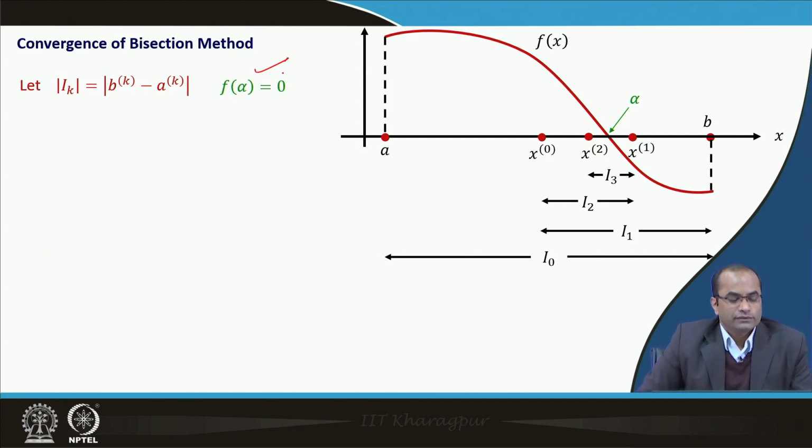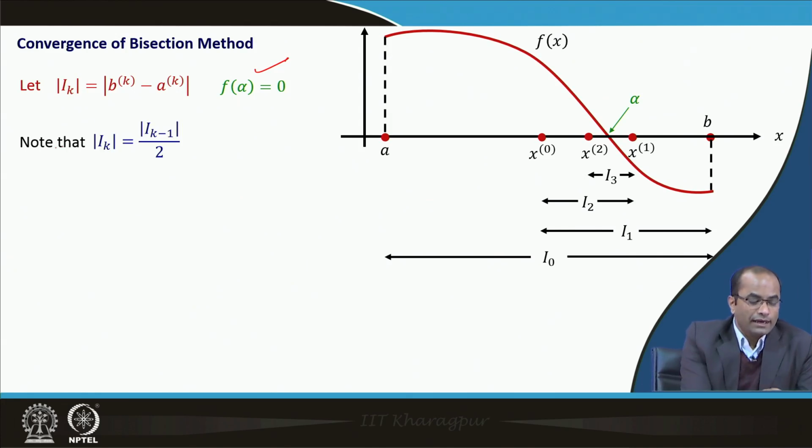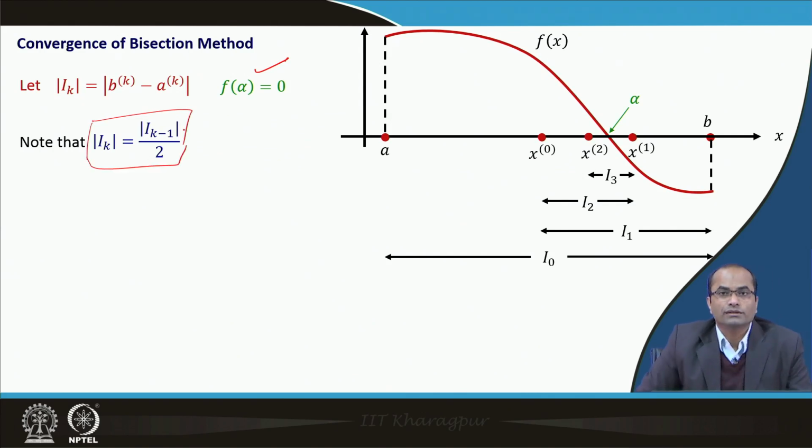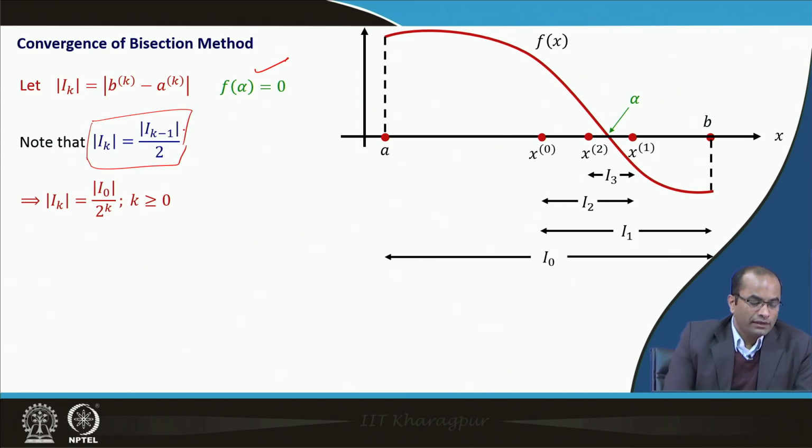So, we are searching for this alpha, and note that I k is half of I k minus 1. So, I 1 is half of the length of I naught, and I 2 is half of the length of I 1, because we are bisecting the interval every time.